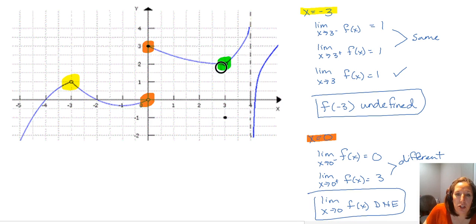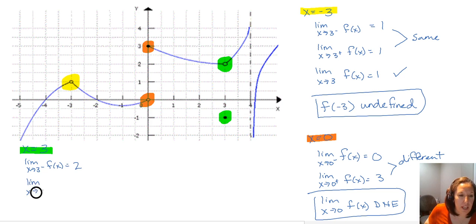All right, now let's look at the point at x equals 3. The limit as x approaches 3 from the left of our function: our line as we approach 3 is getting closer and closer to a y value of 2.